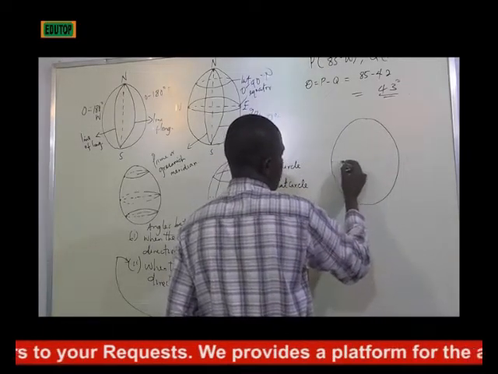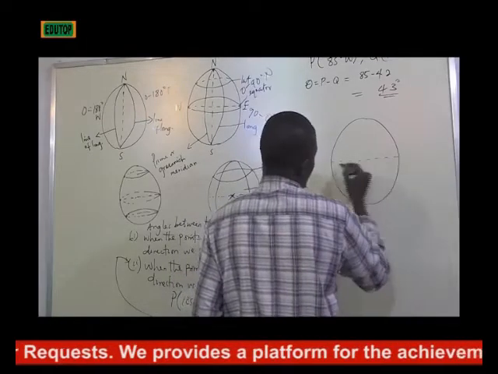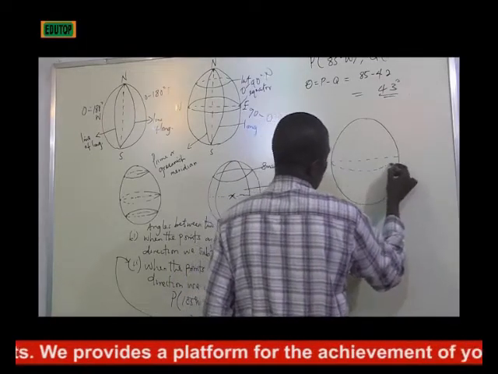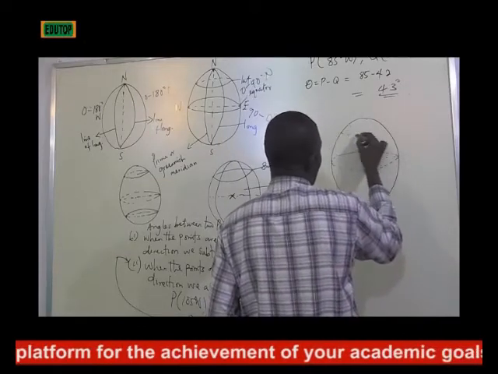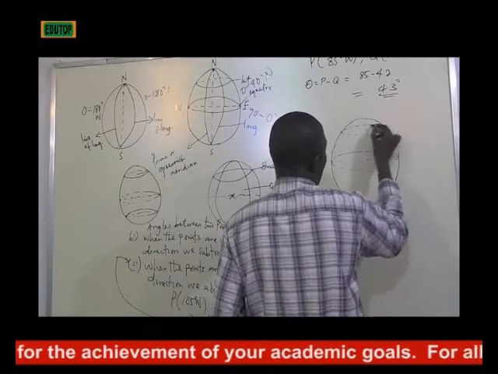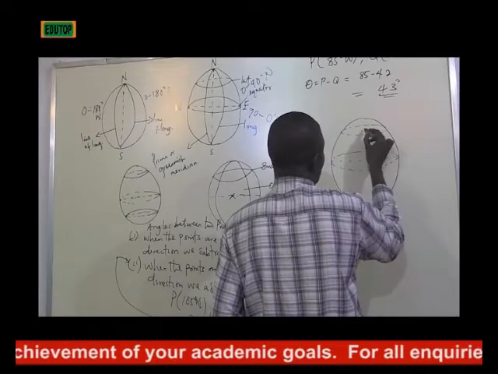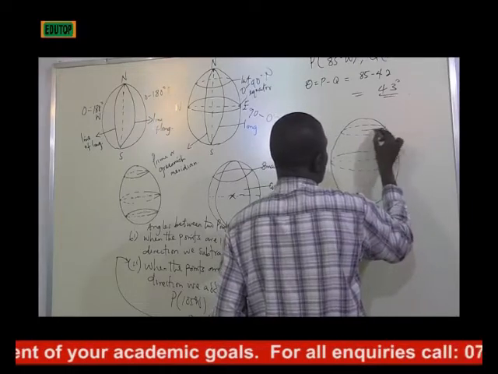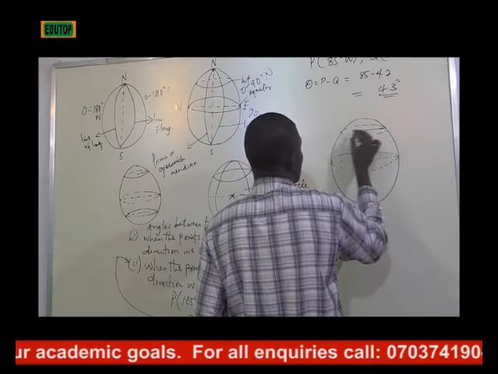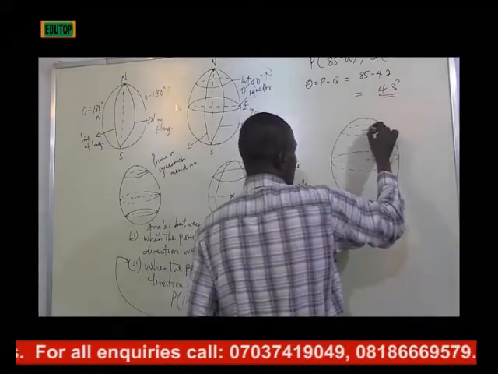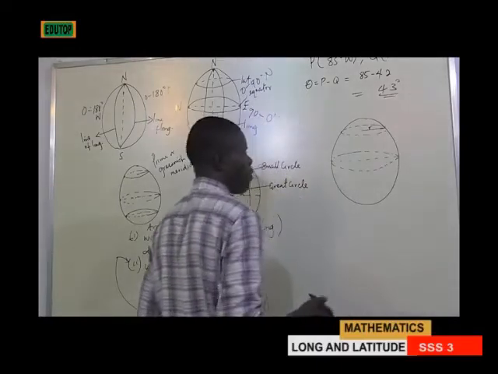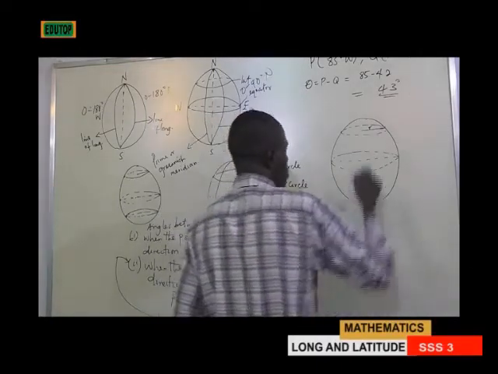Then we have our equator, then we have our parallel of latitude. This is small r, because it's along the parallel of latitude. That is why we have it as small r.